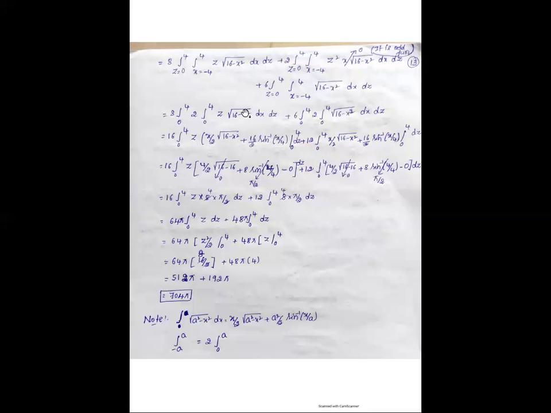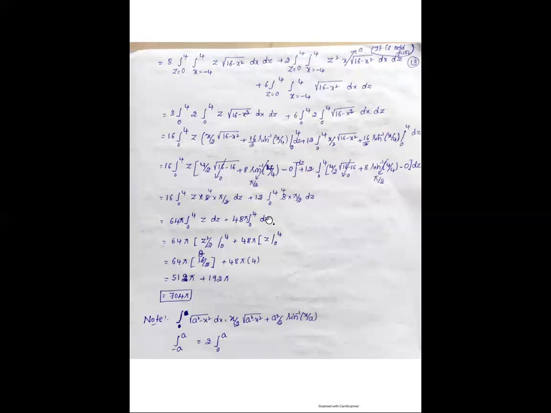Here the formula: integral of square root of a square minus x square is x by 2 square root of a square minus x square plus a square by 2 into sine inverse of x by a. Here a square is 16, so a is 4, between the limits 0 to 4, plus 6 into 2 is 12 into integral of 0 to 4.